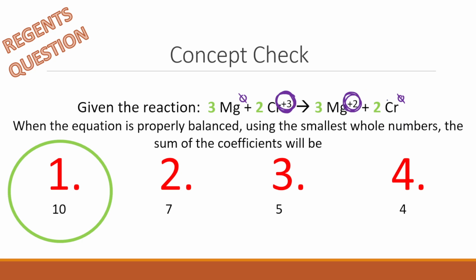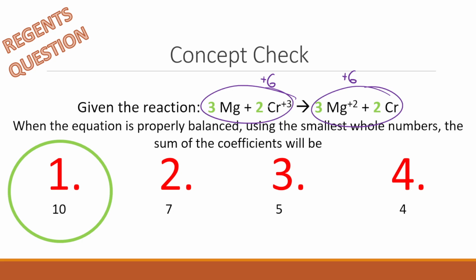So you know this must be a multiple of 2: 2, 4, 6, 8, 10, 12. And you're looking for the smallest common factor. You know that this must be a multiple of 3, this must be a multiple of 2. The first place that they overlap is 6.